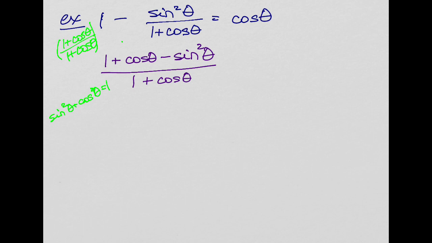So I can rewrite sine squared theta as 1 minus cosine squared theta, carefully since we're subtracting. If you distribute that negative through immediately, that's fine. I tend to have better success if I do it one thing at a time.